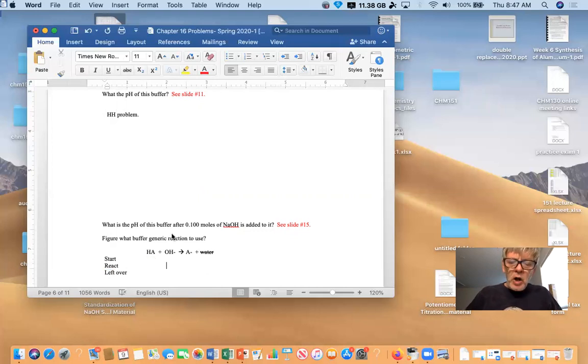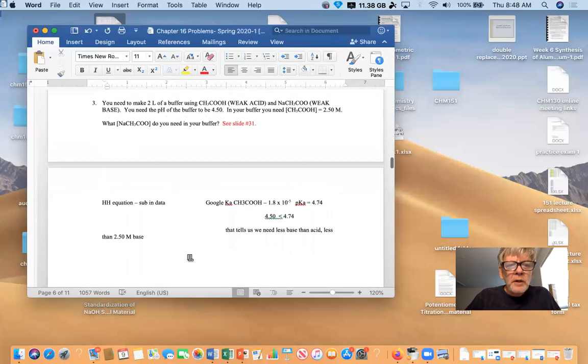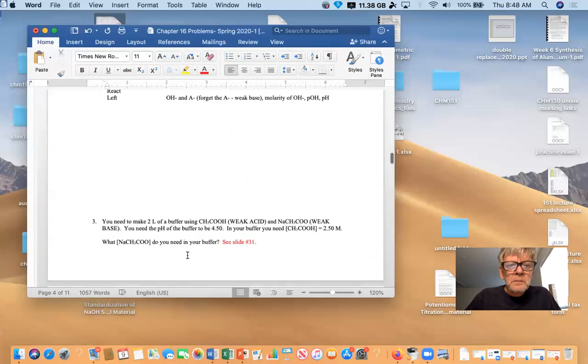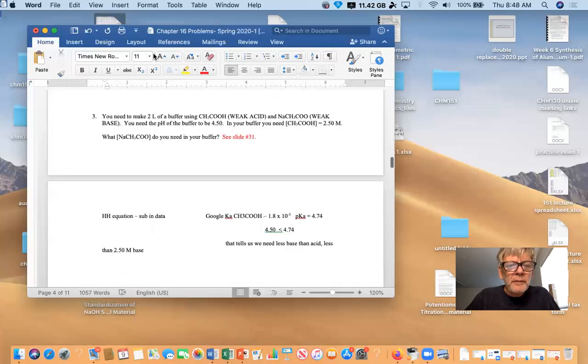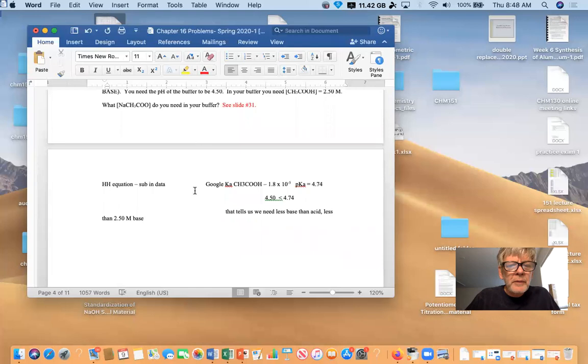We'd have to do this all in moles. Okay. And so what we want to do at this point, and again, this will be a limiting reactant type problem, just like it was on questions 1 and 2. We identified what the limiting reactant was, and we used that to figure out what we're left over with. So this is going to be the same way.